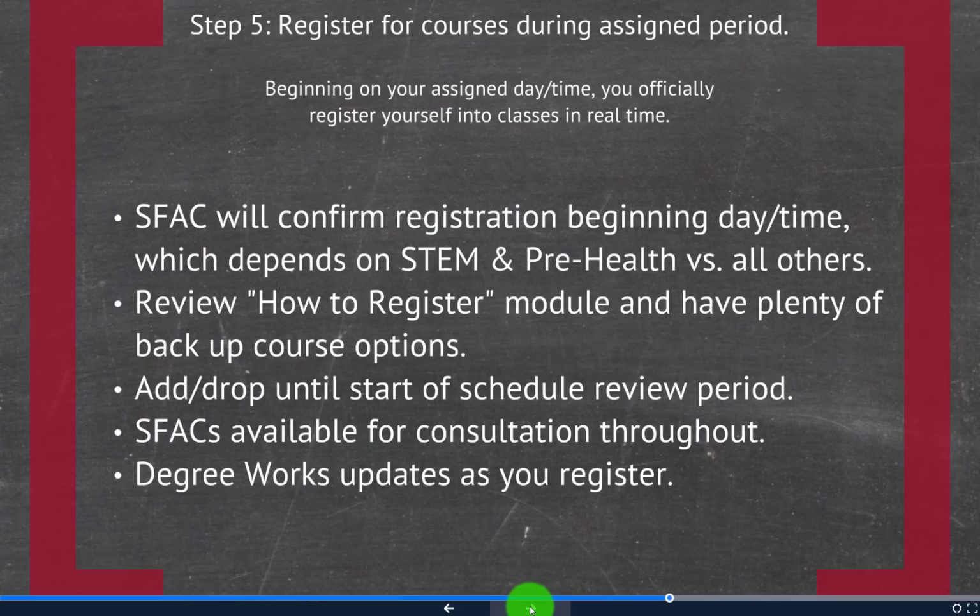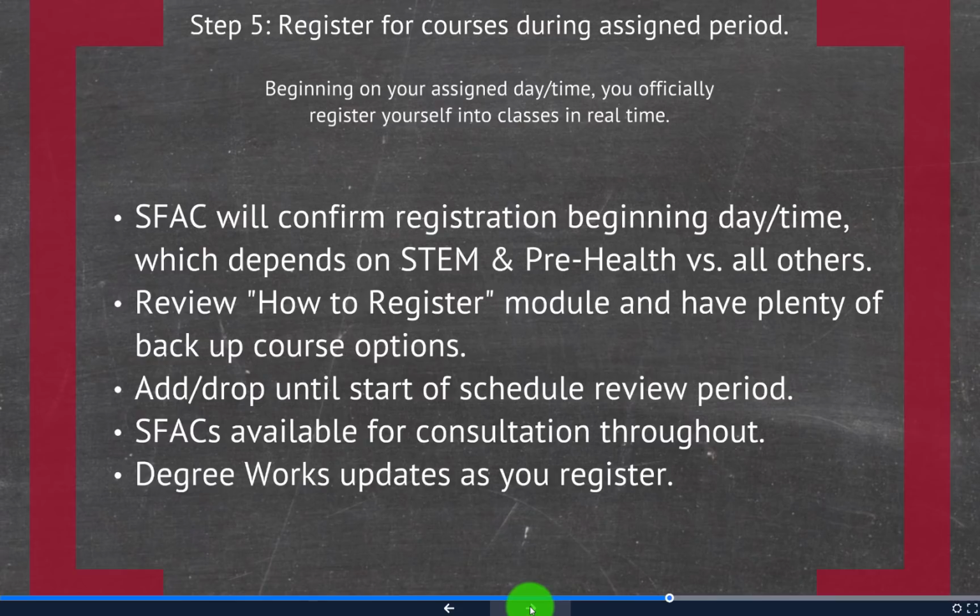The idea here is that science schedules are often far trickier to compose and make work with a student's requirements than non-science schedules, so we want students who have these more complex schedules to be able to have a bit more time to make arrangements for their classes and sort out any concerns that they may have.